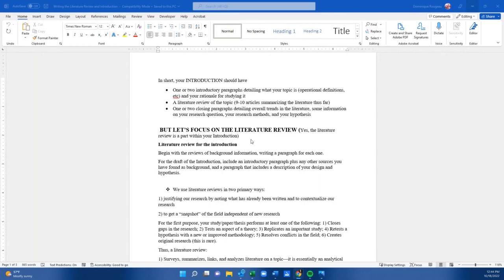That lit review is when you actually are summarizing those 9 to 10 articles. Then you're going to close out your introduction by talking about some of the overall trends that you saw in your literature review, and then some information about your research question and your hypothesis.